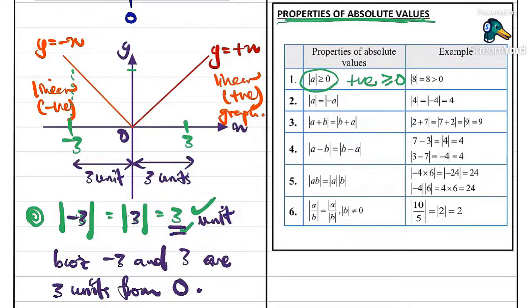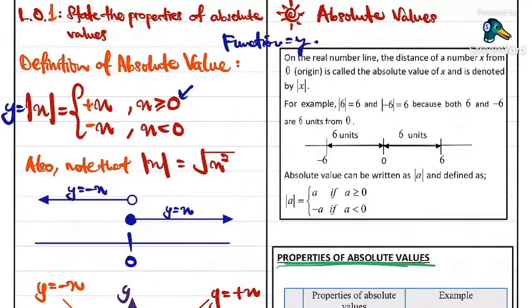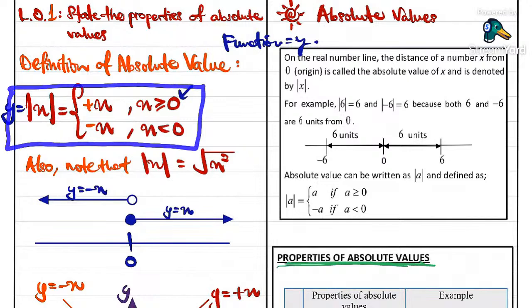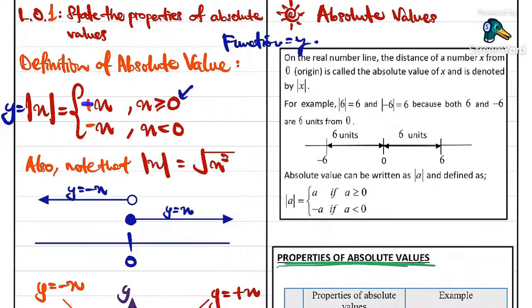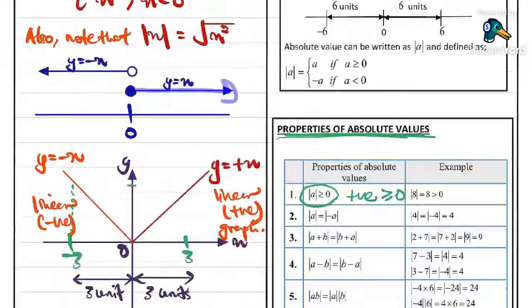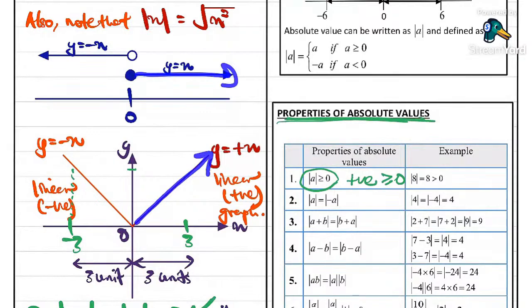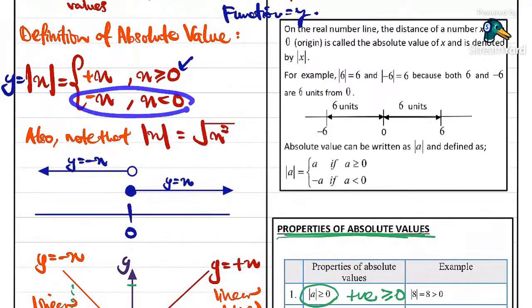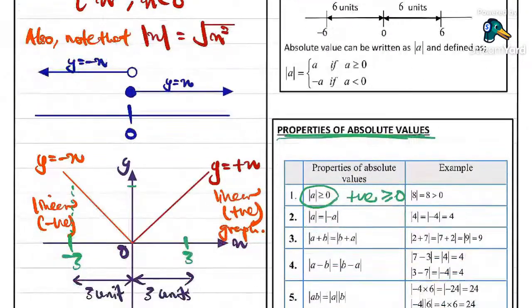So all I want to say here is that this is a basic definition that we all should understand. The definition of absolute value needs to be written in two types: one is positive x where x is more than or equal to 0, which I said here is a positive linear, while we also have negative x which is going to the left, where x is less than 0, right?